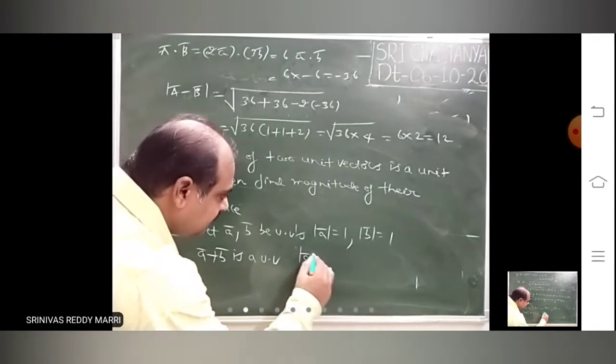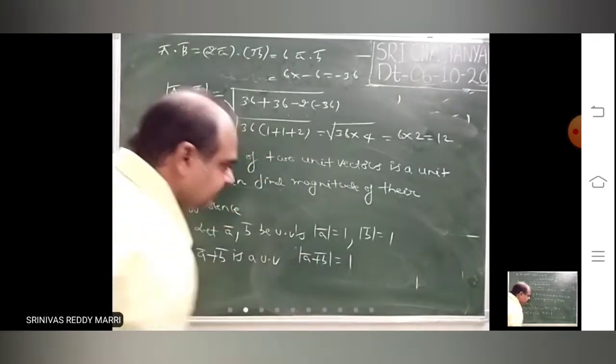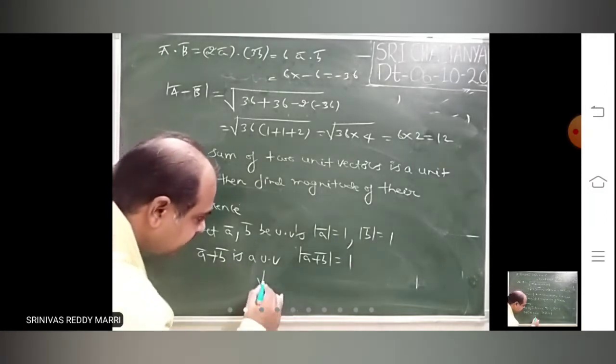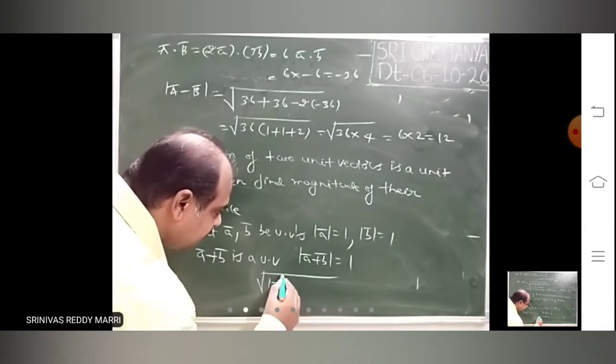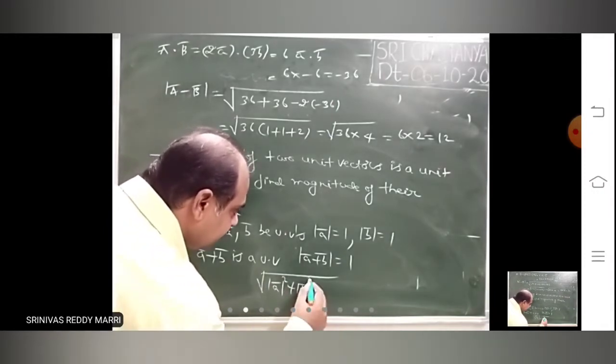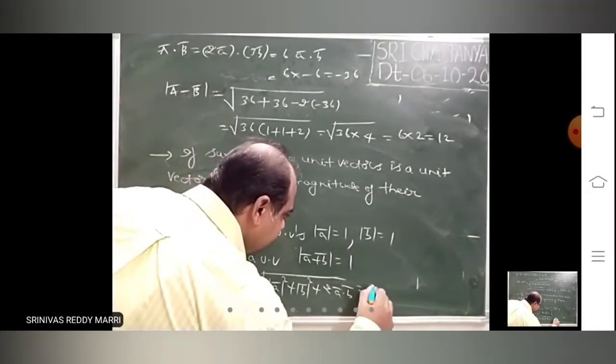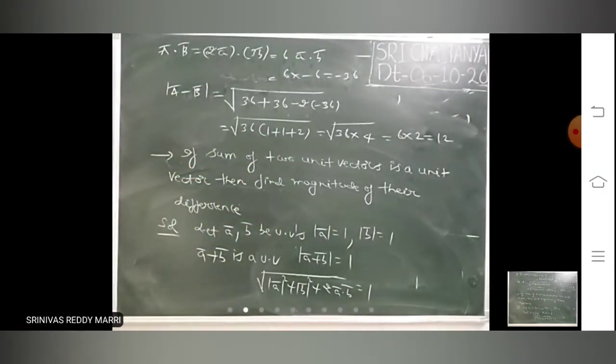That means the magnitude of the sum is 1. This is given. So the sum is also a unit vector means its magnitude is 1. What is the formula for this? Root of modulus A bar square plus modulus B bar square plus 2 A bar dot B bar equals 1.